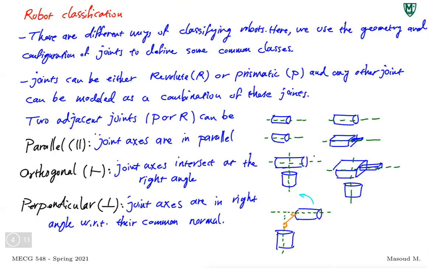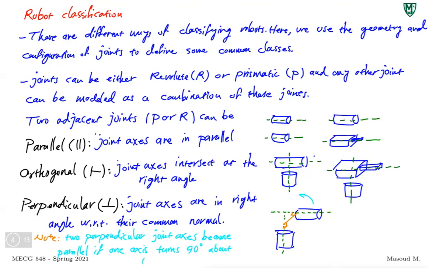So to help, I can put a note. Let's put it this way: two perpendicular joint axes become parallel if one axis turns 90 degrees about the common normal.